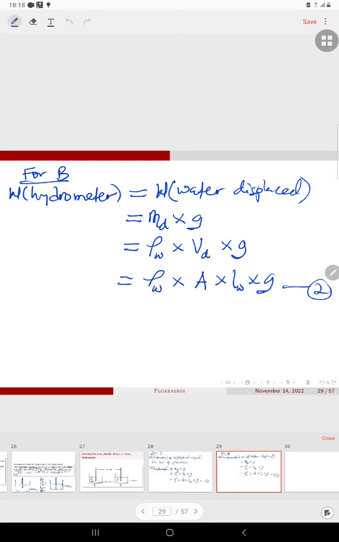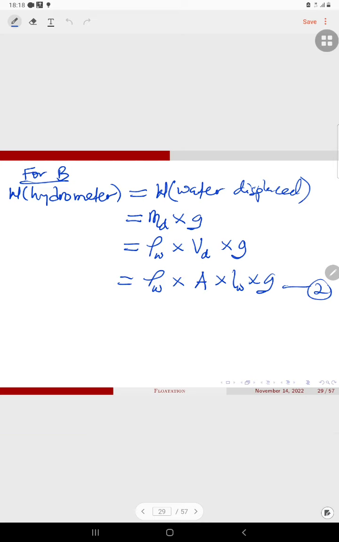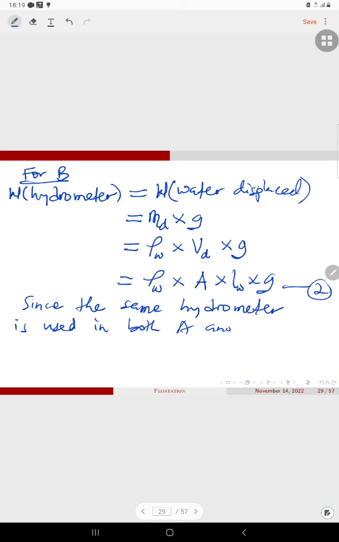Since the same hydrometer is used in both A and B, it implies equation 1 equals equation 2.